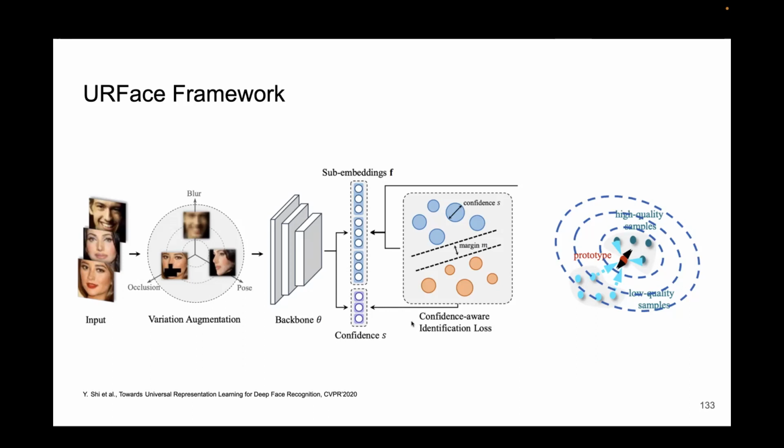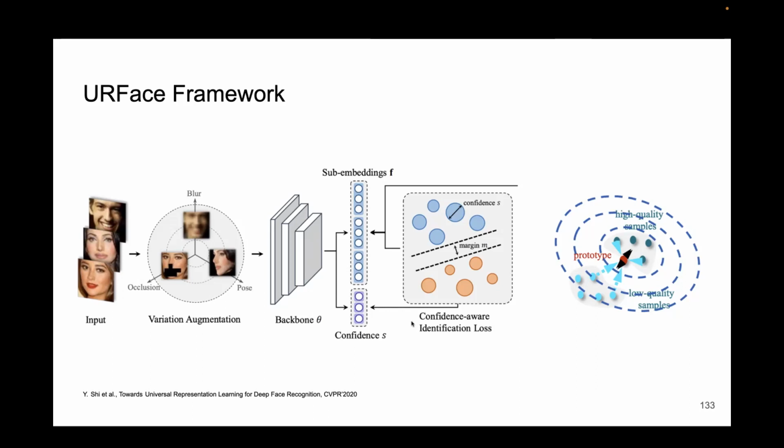And how do we mitigate that? Here we propose to assign different weights to samples from different situations, such as high-confidence samples and low-confidence samples. We trust the confident samples more because, naturally, high-confidence samples with higher quality images lie closer to the center of their identity.